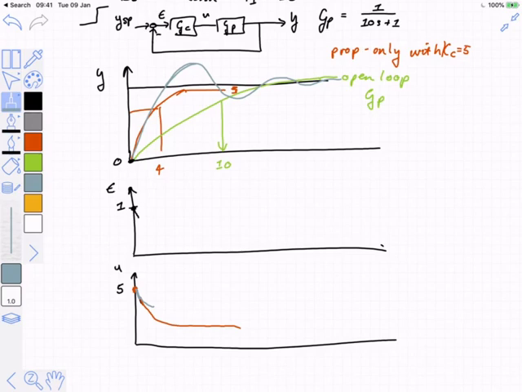And at some point, kind of at that point there, that's the moment when the integral starts going down. So the integral will go up until that first moment when the error switches sign. And at that same moment, that's when the error goes through 0.